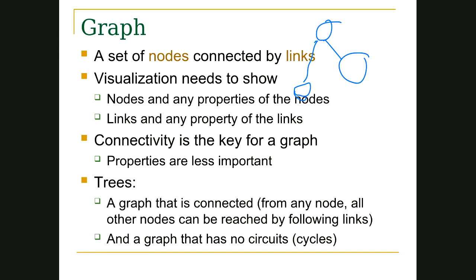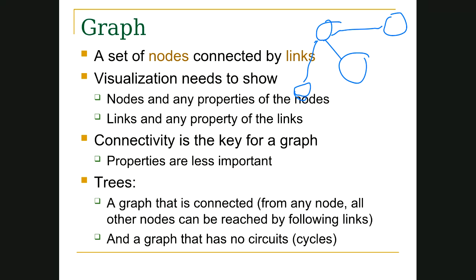If I add one more, again, if I have four nodes, how many edges do I need? Three, for example, there. That's not the only way, I could have put it somewhere else. And then if I add one more, I'm going to have a circuit. So you see the pattern.